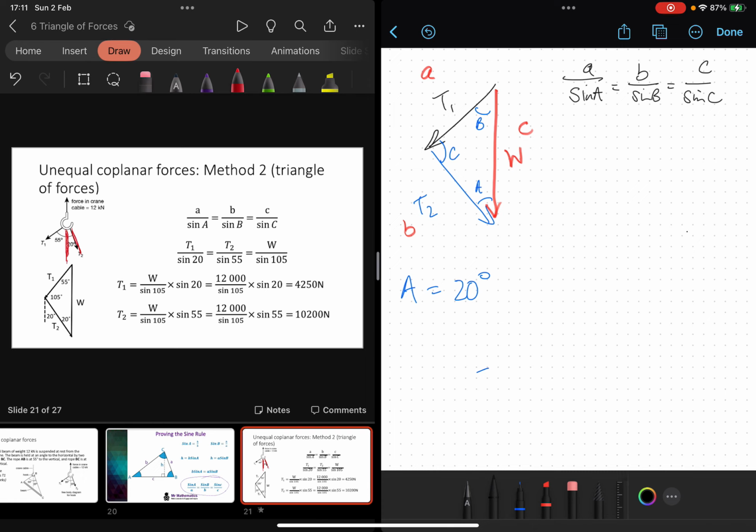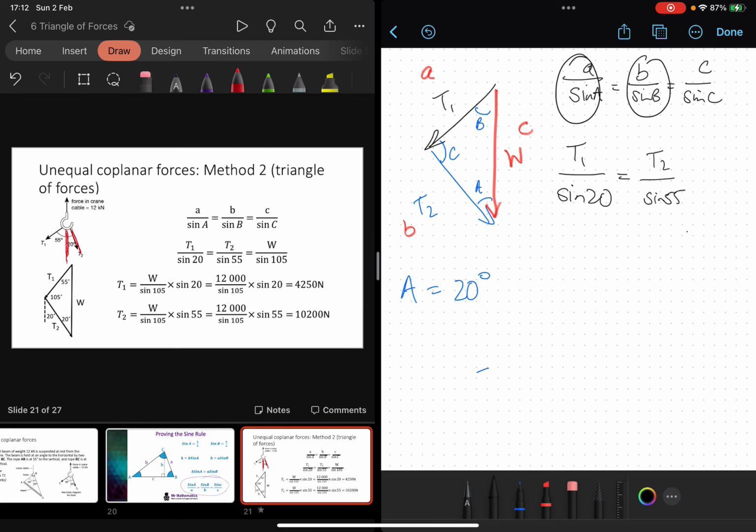Okay, and if you now have a look at the next line of working out on the PowerPoint slide, side A is T1, angle A is 20 degrees. So T1 over the sine of 20 is equivalent to that first term that I've just circled. Side B is T2 and angle B is 55 degrees.